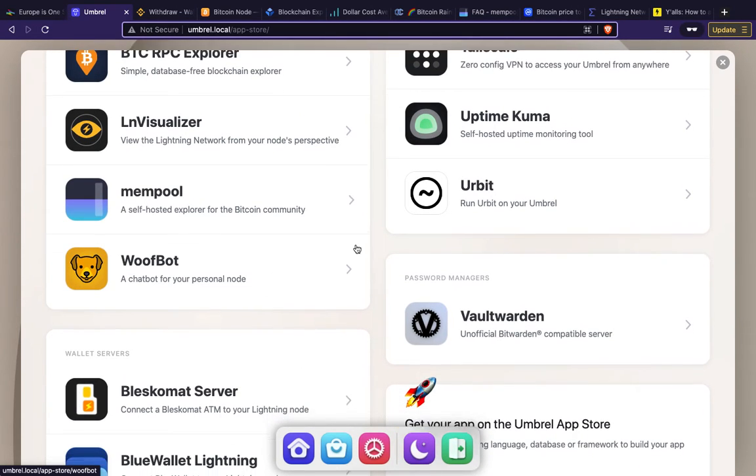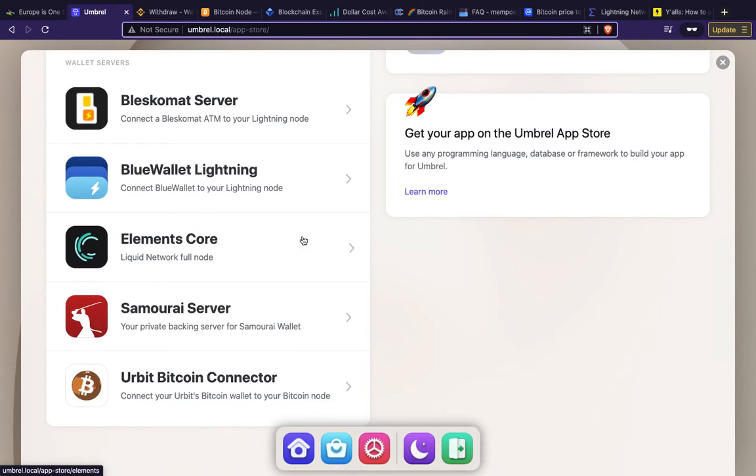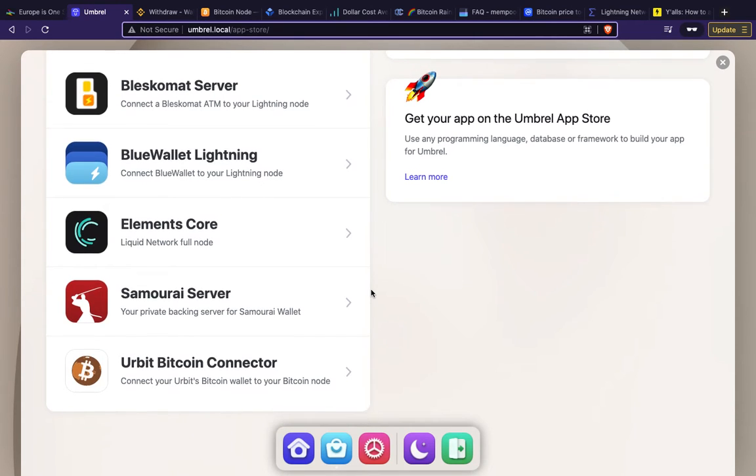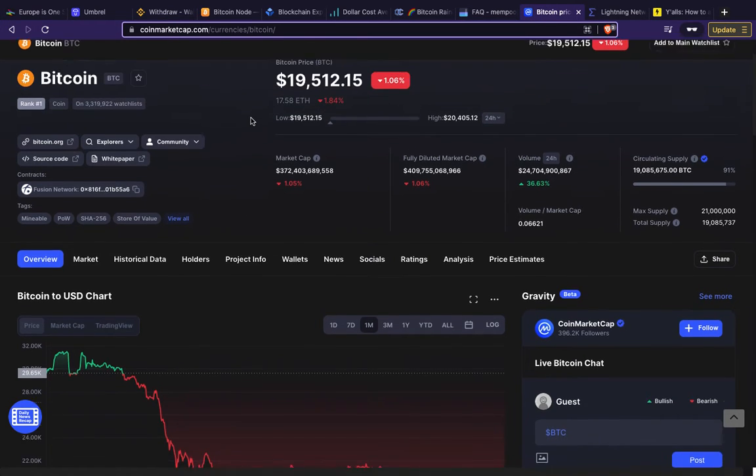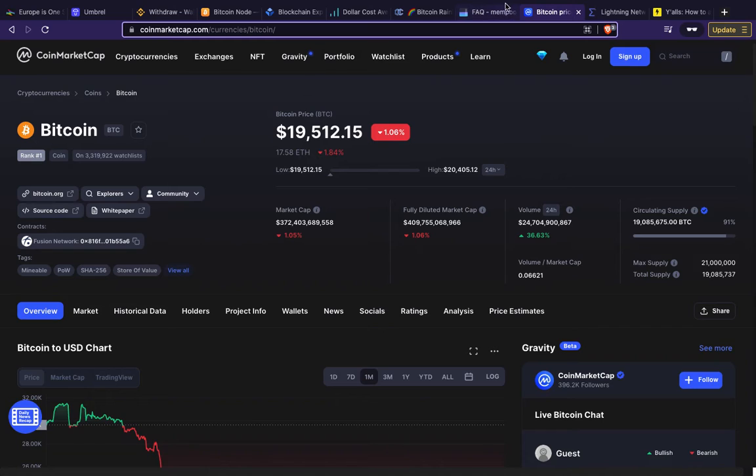You have BlueWallet, you have Element Core. So many interesting apps over here. That's why going on those altcoins is a complete waste of time. You really have to pay more attention and focus on what really matters.